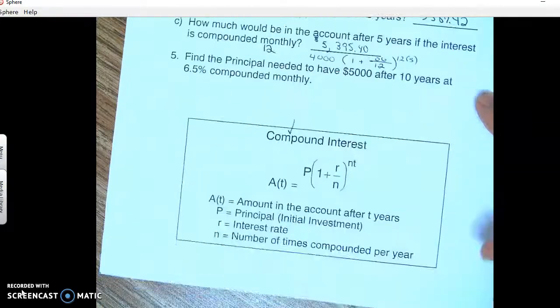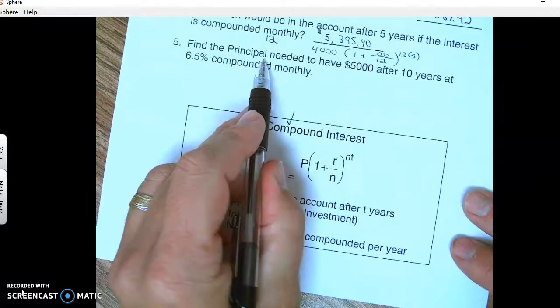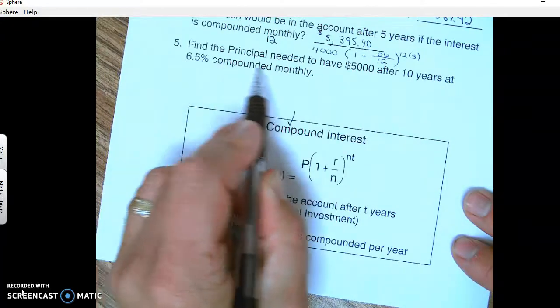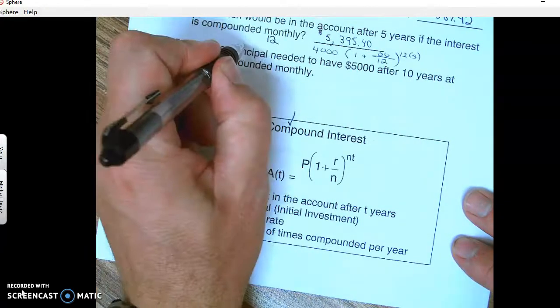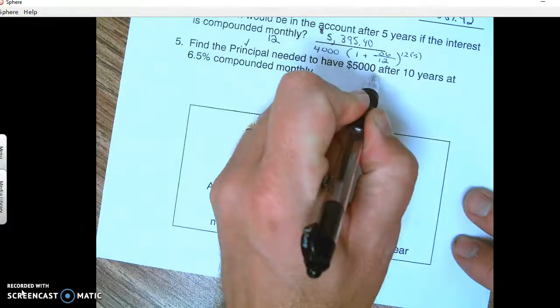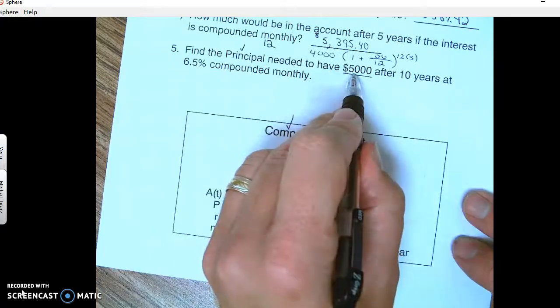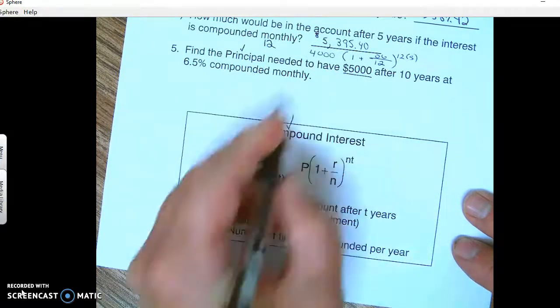Okay. Number 5 says find the principal needed to have $5,000 after 10 years at 6.5% compounded monthly. So now we're trying to find the principal, and we're given the amount we want to end up with. So the amount we end up with is going to go in for A of t.